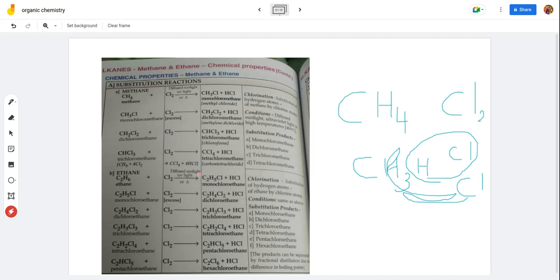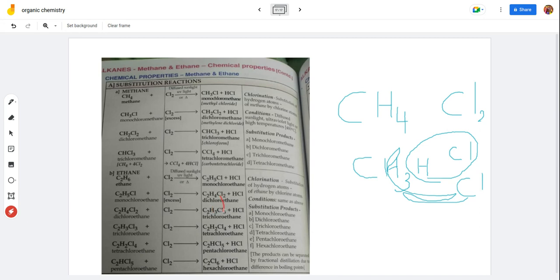Similarly, for ethane, when chlorine gas is passed in diffuse sunlight or UV light, one of the hydrogen atoms will be replaced with a chlorine atom to form monochloroethane, and hydrogen chloride is liberated. If one of the hydrogen atoms is substituted, it becomes C2H5Cl. Then again chlorine will be added, Cl2. You remove one hydrogen, add one chlorine. Remove one hydrogen, it becomes C2H3.